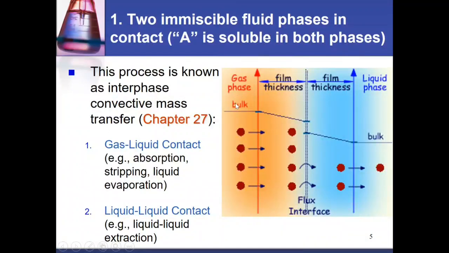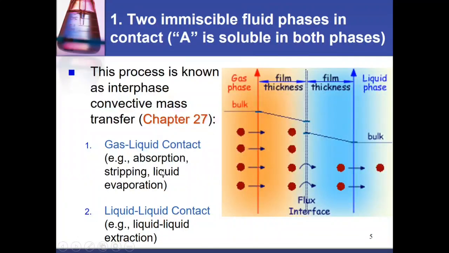Let's say you have natural gas with CO2 or hydrogen sulfide in it, and we don't want them, so we want to make it pure. We use a process called absorption to remove the harmful gases from the natural gas into a liquid. The second process that depends on gas-liquid contact is stripping, which is the opposite of absorption. The mass transfer takes place from the liquid into the gas phase.